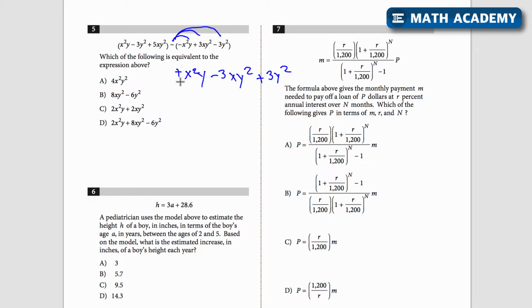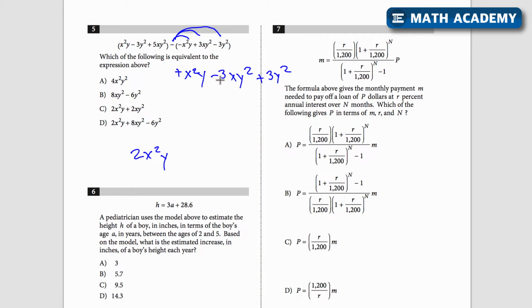Let's see how many x squared y's I have. Well, here's one, here's another. So I'll end up with 2x squared y's. Let's look at our xy squareds. I have negative 3xy squareds here. I have positive 5xy squareds here. I'm going to be really careful about the variables here to make sure I'm matching the like terms.